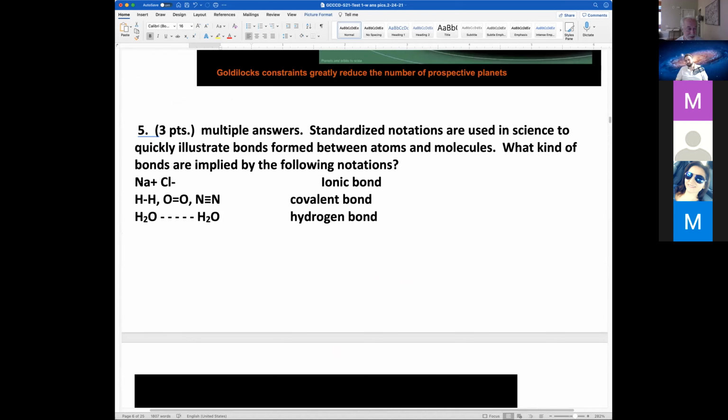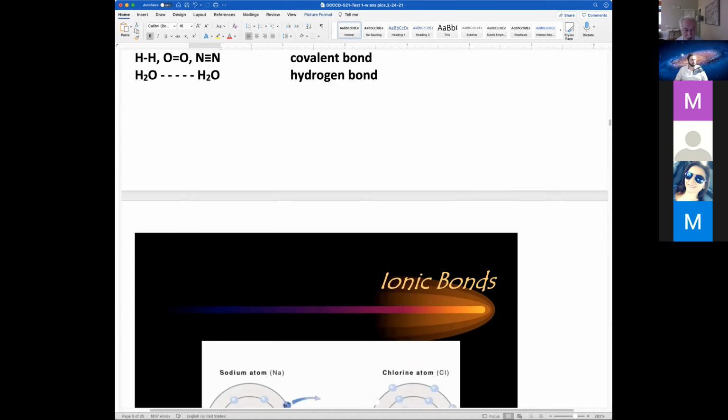So sodium ion, chloride ion makes an ionic bond. This notation, a bar, either a single bar, double bar, or triple bar, any of those indicate a covalent bond. And a hydrogen bond is indicated by a dashed line.